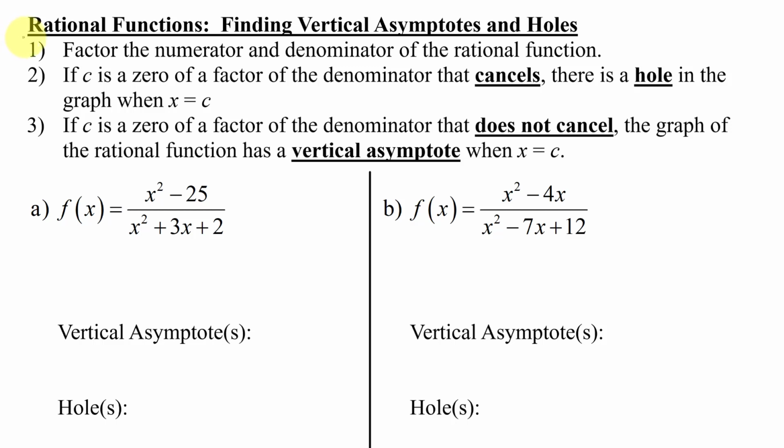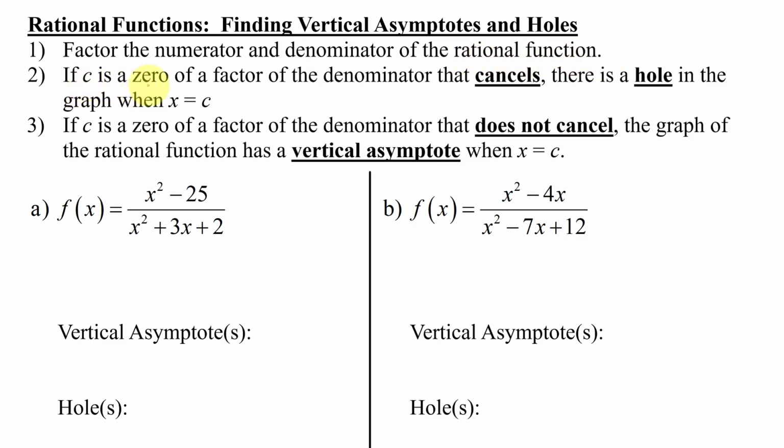In this example, I'm looking at rational functions, specifically finding their vertical asymptotes and holes. So in step 1, I need to factor the numerator and denominator of the rational function.